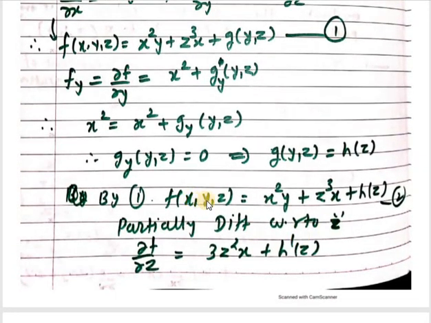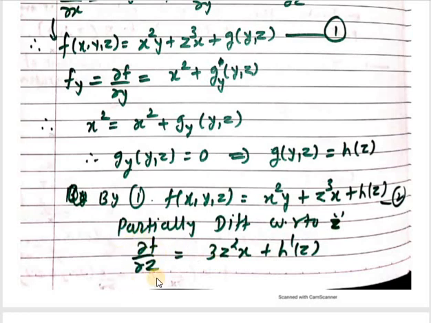So our equation number 1 becomes x square y plus z cube x plus h of z. Again our target is to eliminate h of z, so we take the derivative with respect to z. We get del f by del z is equal to 0 plus 3z square x plus h dash z.